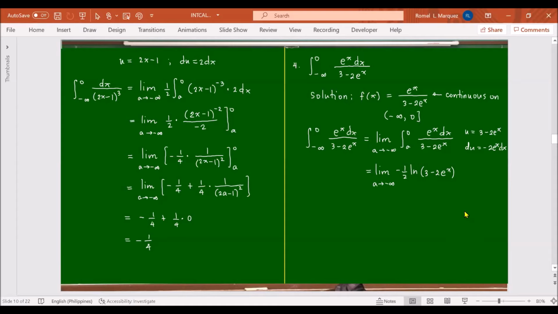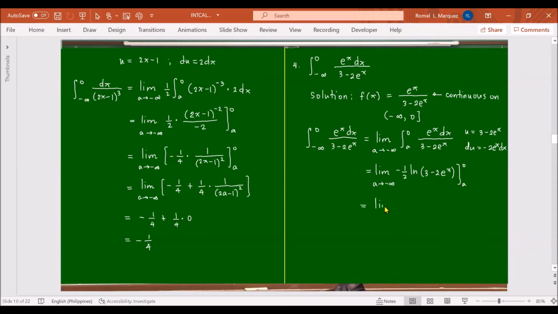Here, do we need absolute value? So I think we don't need absolute value because e to the x, when x is negative, times 2, is always less than 3. Okay? So evaluated from a to 0.